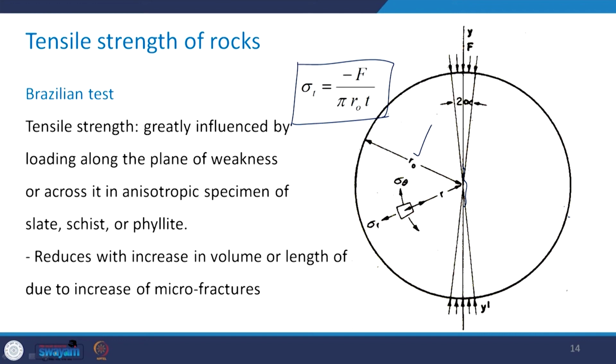Again, if you increase the volume or the length of the specimen, the tensile strength is going to reduce. The reason is the same as for the compressive strength. When we have a large volume or a large length, the number of microfractures is greater, and therefore they have a weakening effect on the specimen.